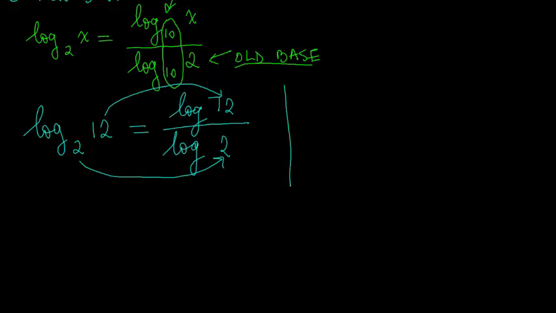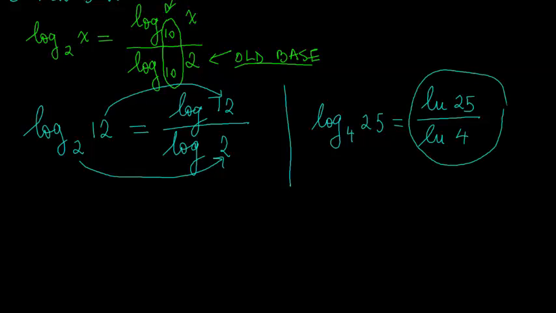Another example, let's say I have log base 4 of 25. Let's use base e. In this case I have ln of 25 divided by ln of 4. And now you can compute ln of 25 with your calculator, and ln of 4, you just divide them and you get the desired log base 4 of 25.